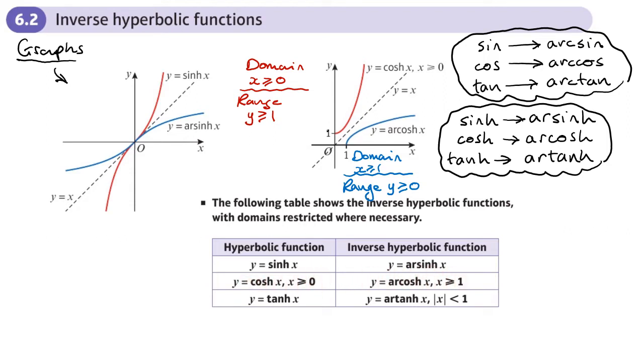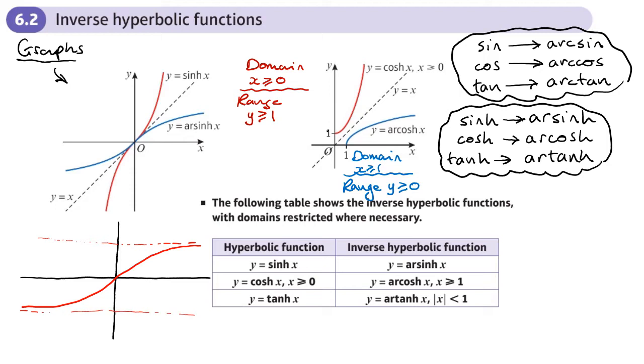Now, the one graph that isn't there is artanh, so let's do that. So I'm going to put the original graph for tanh in a similar colour to how they've done it, like that. And this crosses at 1 and -1.